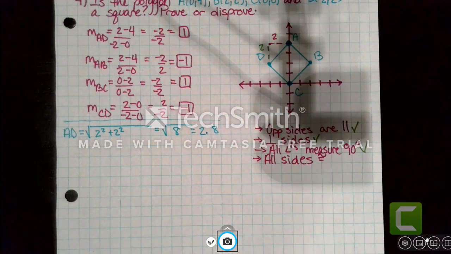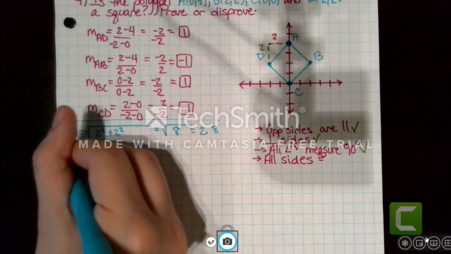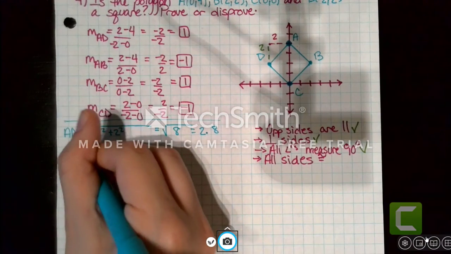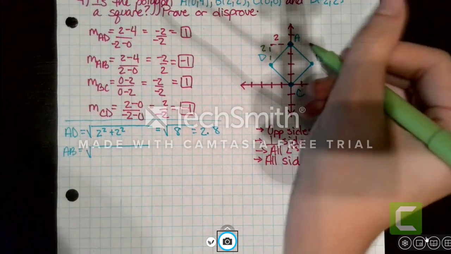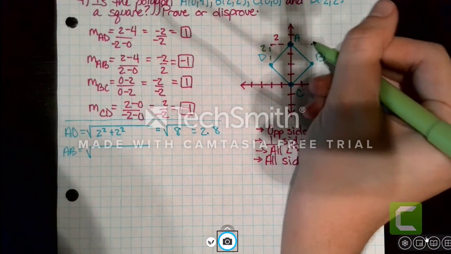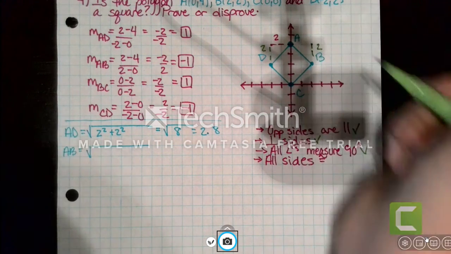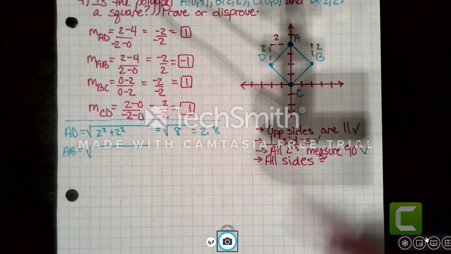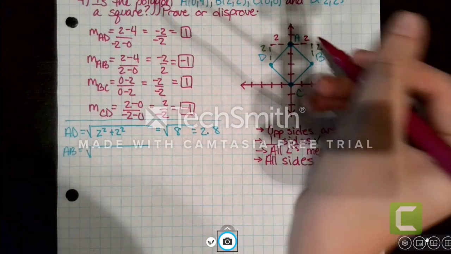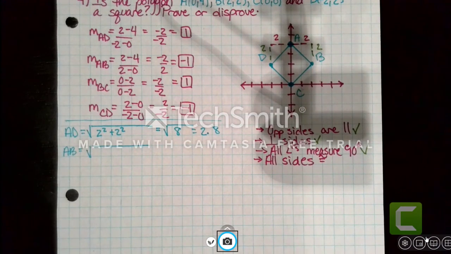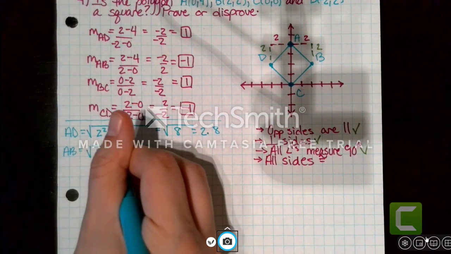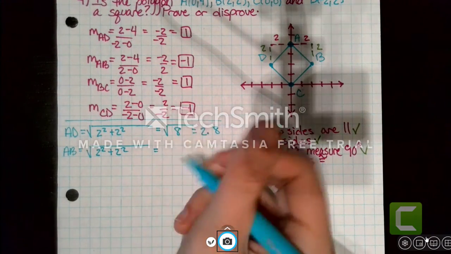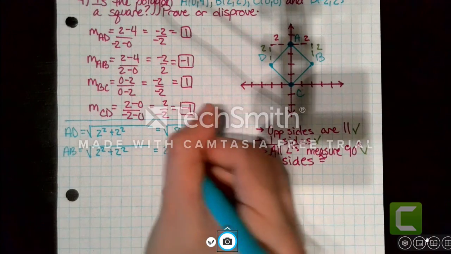Doing this again for side AB, we'll take the square root of the base measurement of 2 and the height of 2, which again, we have the same square root of 2 squared plus 2 squared, which will get us a value of 2.8.